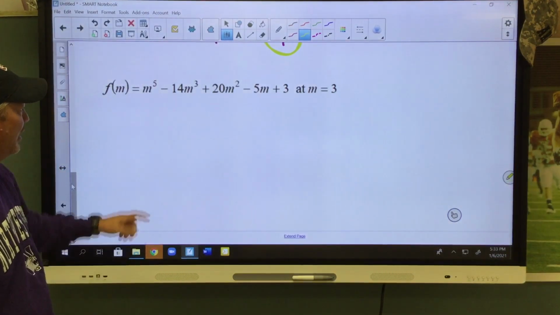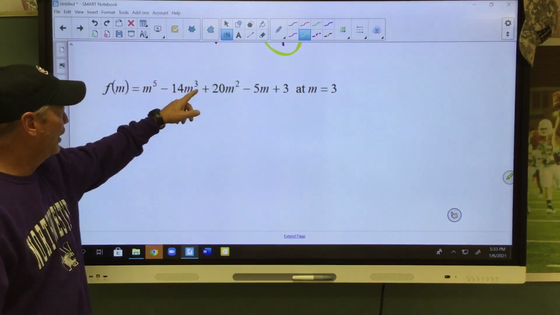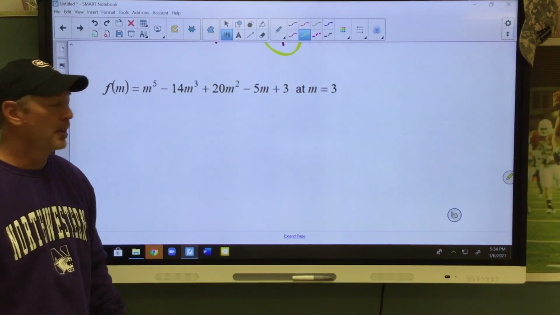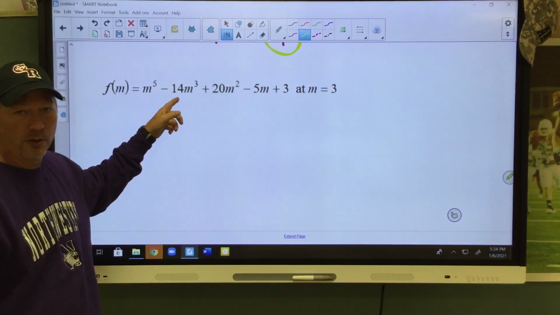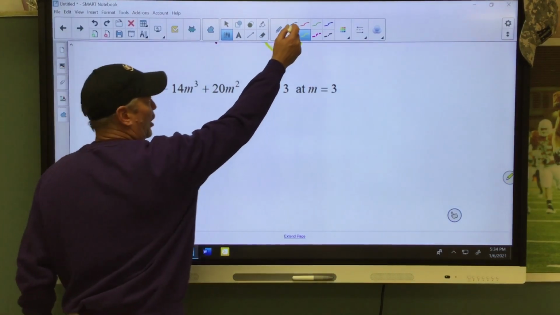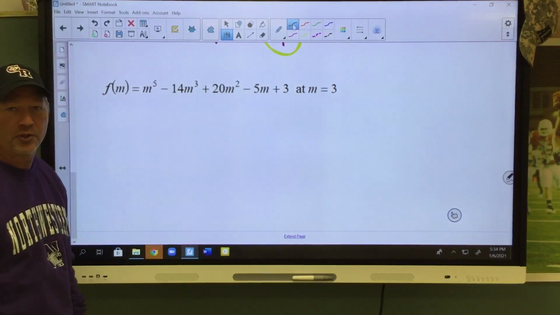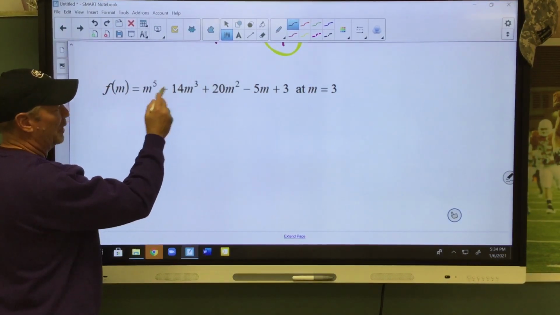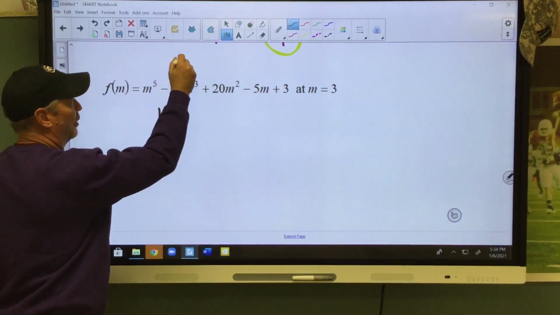All right, so we check. 5, 3, 2, 1. What are we missing? We're missing a 4. So when we list our coefficients, we need a 0 to hold the spot. So we have a 1, but we don't have m to the 4th.